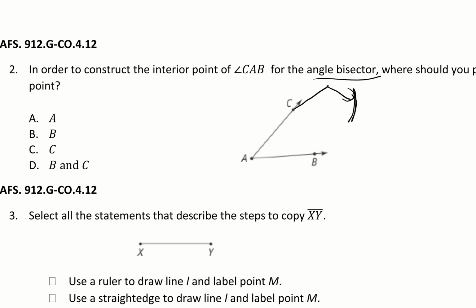And then you're going to also place it at point B and draw an arc with that compass. Where those two arcs cross, that's where you draw your angle bisector. So you place the compass at points C and B in order to make these two arcs. So C and B.